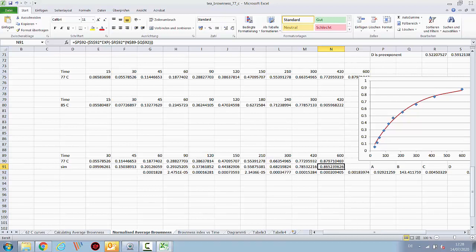So what I've done is I've shifted it on the time axis by b, and I've shifted it on the vertical axis by p, which is that one, which is a. So I've allowed it to shift in both axes, because it obviously doesn't start from 0.